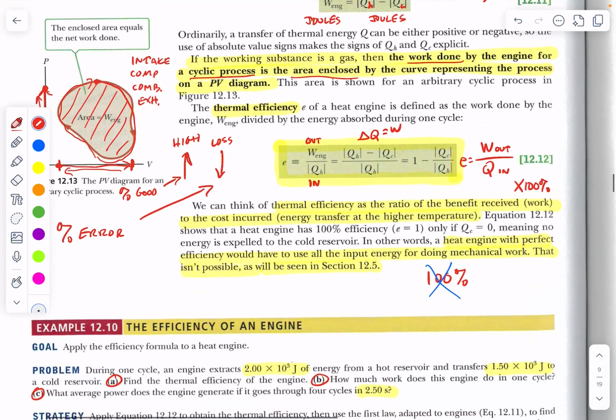So a heat engine with perfect efficiency would have to convert 100% of the heat energy coming in into work, which means that your Q that is lost would equal 0. And of course, that's never possible. It's impossible to have a 100% efficient machine. Sometimes people call that a perpetual motion machine.